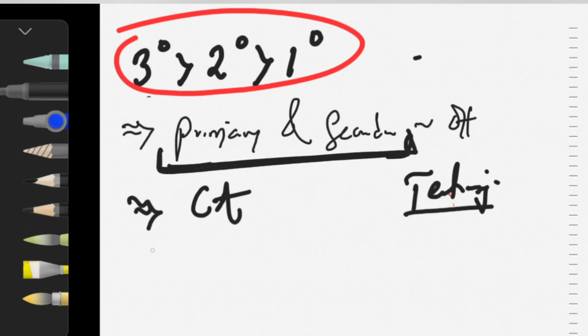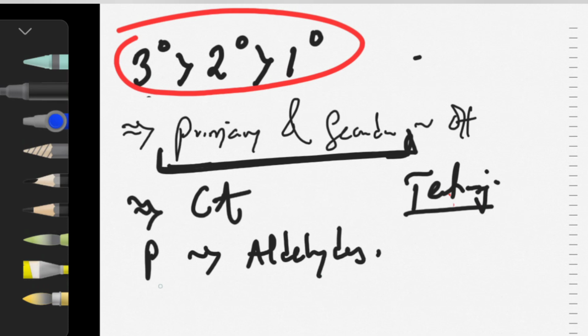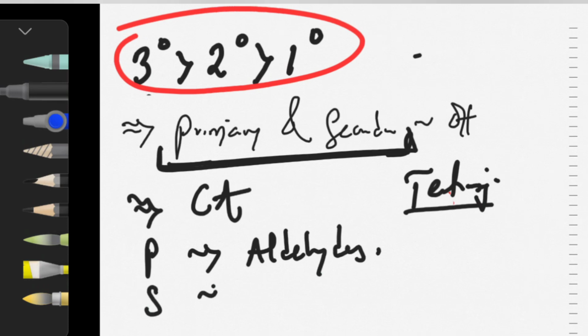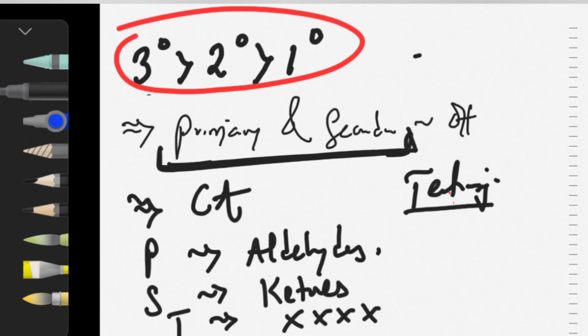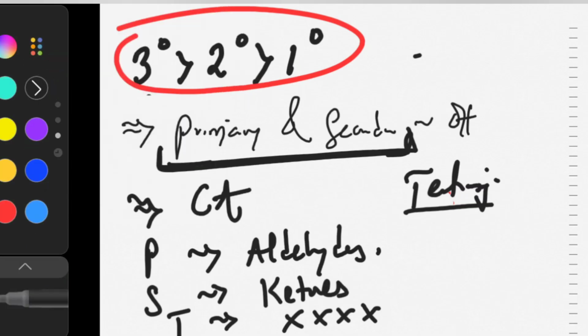It's an oxidation process. Primary alcohols are usually oxidized to aldehydes, the secondary are oxidized to ketones, while the tertiary does not get oxidized. Now, why is this so?